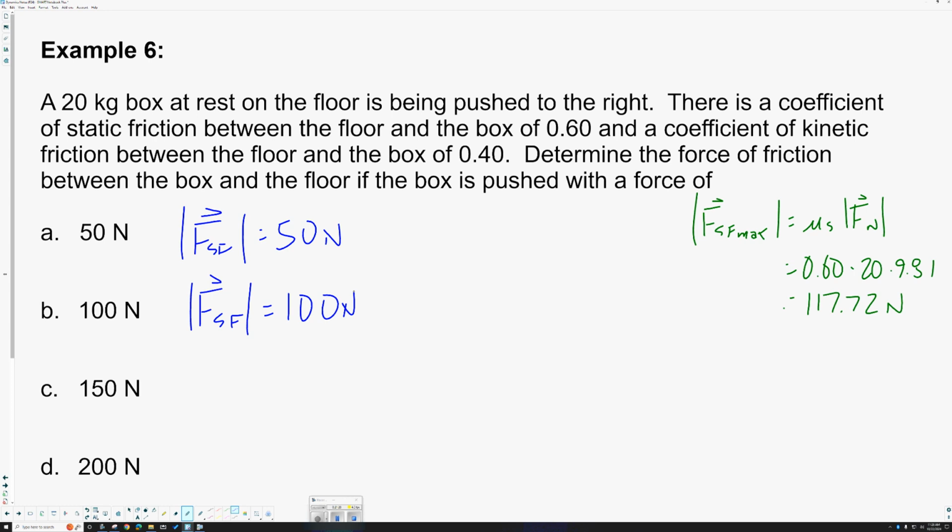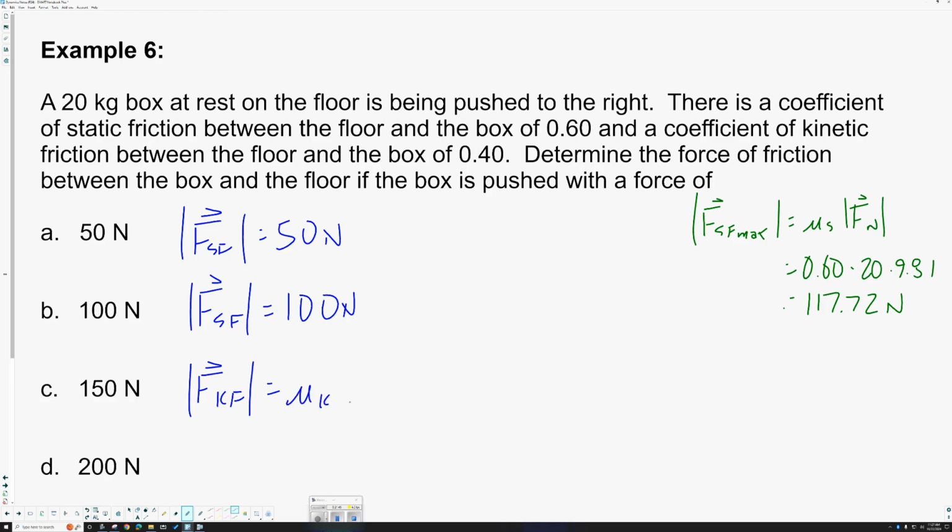I push with 150. Does it move? Yes. Grace, does it move? Yeah, it does, because I exceeded the maximum possible value. All right. What kind of friction do I have here? Kinetic friction. What's its value? Hold on before you answer that. We don't know what its value is. We have to find it.